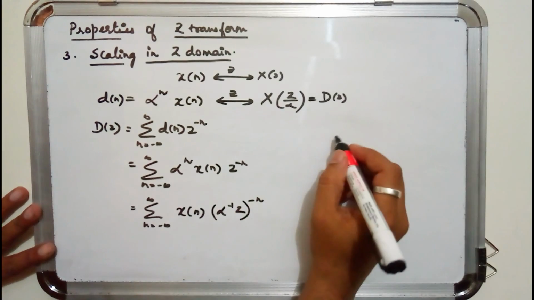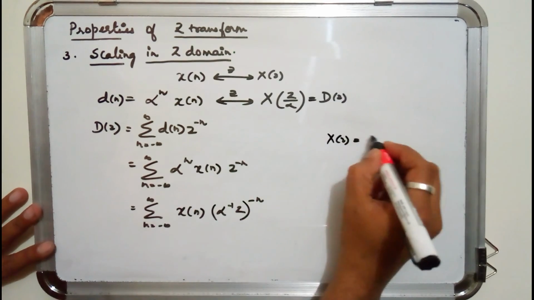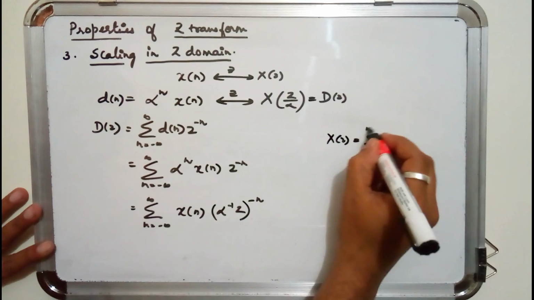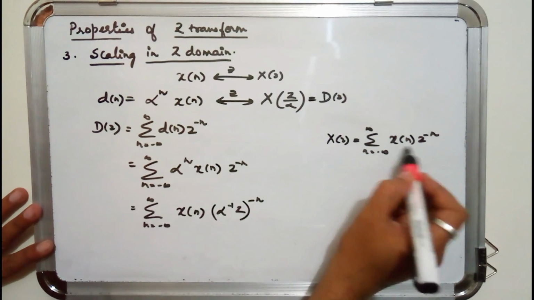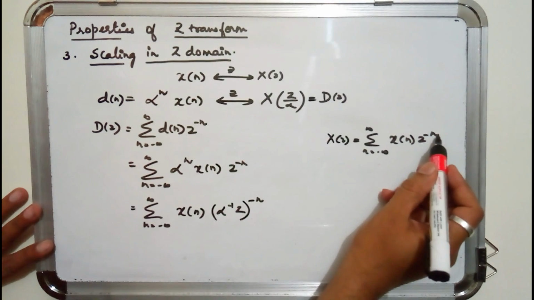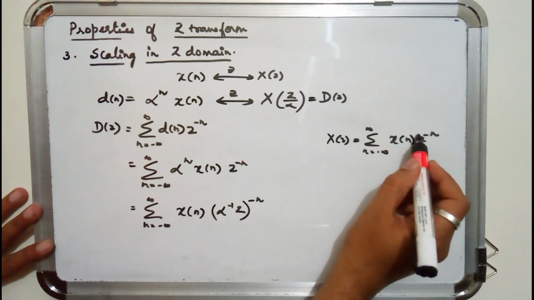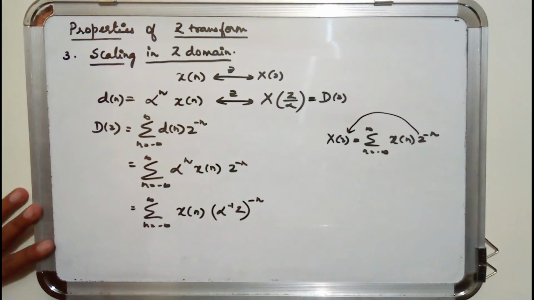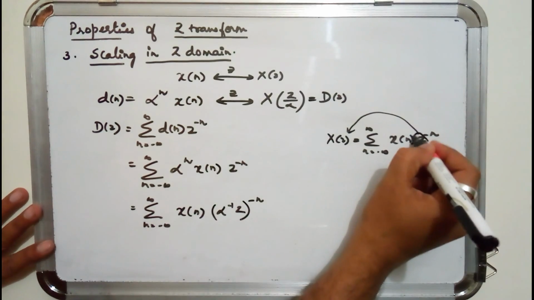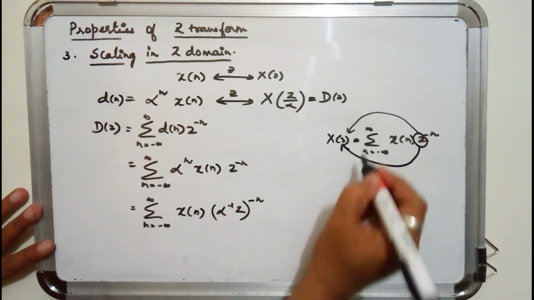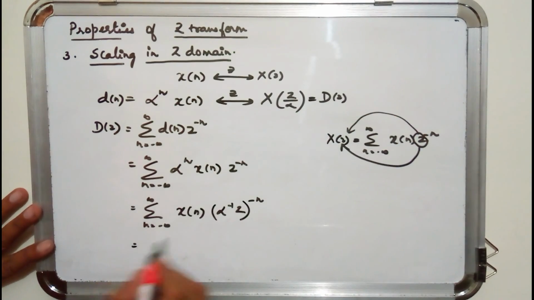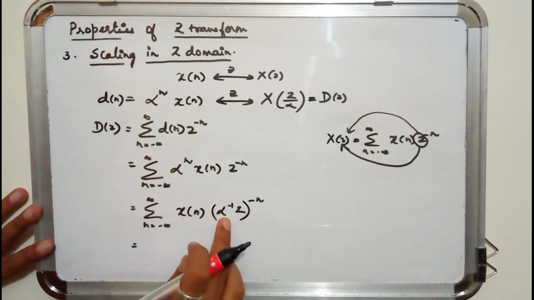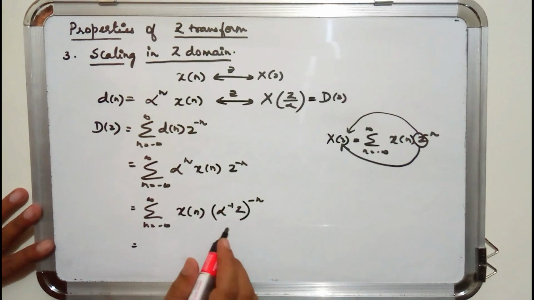So now, X of z is equal to summation n equals minus infinity to infinity x of n z power minus n. So if you have x of n into z power minus n, I would be writing it as X of z. That means this term is written here and minus n has to be there. So here what you have is alpha power minus 1 into z.